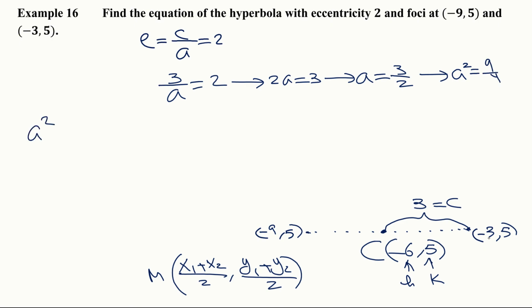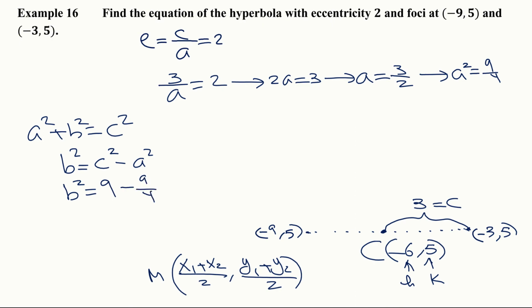Now I know that a squared plus b squared equals c squared for hyperbolas. So b squared is going to be c squared minus a squared. Now c is 3, so we get b squared equals 3 squared, or 9, minus a squared, which is 9 over 4.